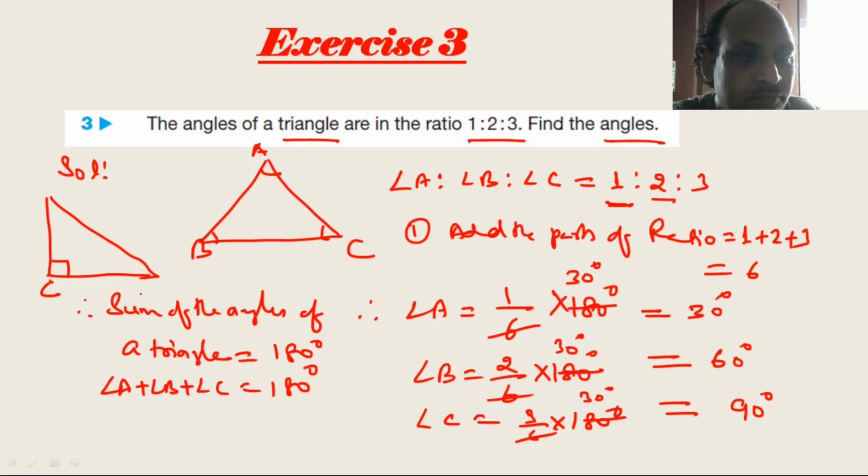And you can say angle A and angle B is equal to 30 degree and 60 degree. So A we can put it here, B we can put it here. So we can put as 30 degree, we can put it as 60 degree.